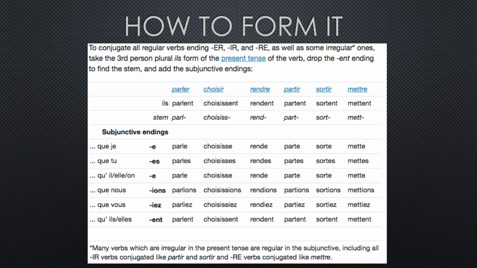For those of you that don't know, the indicative is just the basic standard present tense: je mange, tu manges, il mange, nous mangeons, vous mangez, ils mangent, etc., etc.